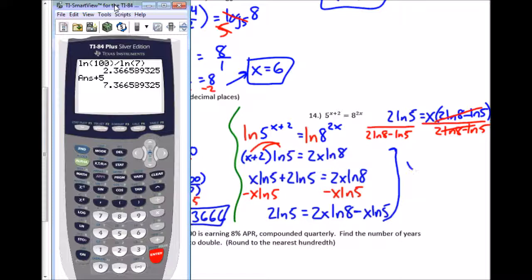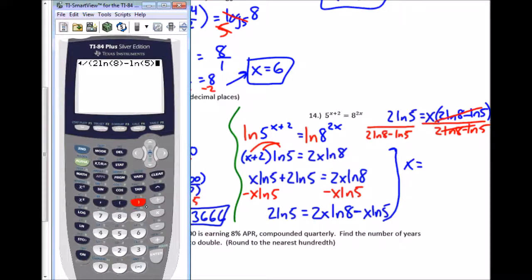Well, now this is a job for my calculator. If I want to plug this in the way it's written, here's what I have to do. Always surround the numerator with parentheses. So it's parentheses 2 natural log of 5. And you have to close the parentheses around the logarithm. Then you also have to close the parentheses around the entire numerator. Divided by, again, entire denominator should be in parentheses, 2 natural log of 8. 8 gets surrounded in parentheses to keep it in the logarithm, minus the natural log of 5, which is also in parentheses to keep it around the logarithm.